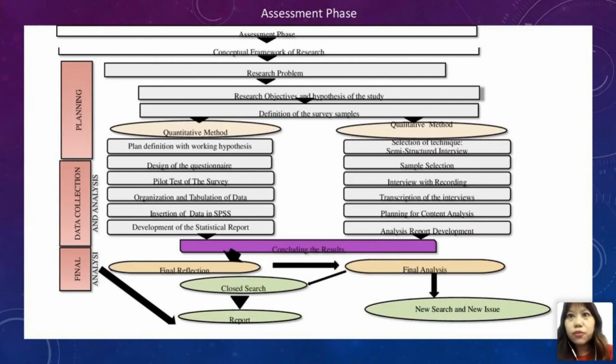During the assessment phase, the students will be surveyed using qualitative and quantitative methods. For the qualitative method, a semi-structured interview is carried out. The sample selected is surveyed about their interest towards STEM and what they gained after this competition.